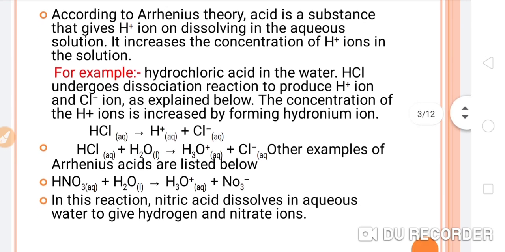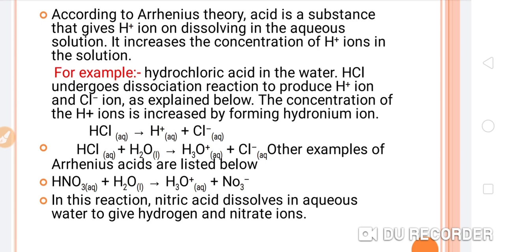For example, hydrochloric acid. In water, HCl undergoes a dissociation reaction to produce H+ ion and Cl- ion. As explained below, the concentration of the H+ ion is increased by forming hydronium ion. So let's see the equation.